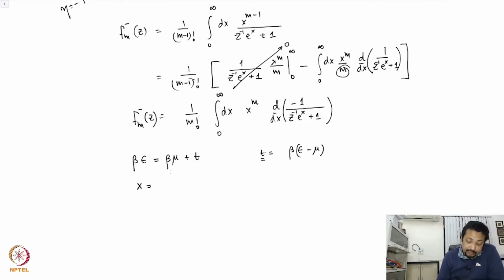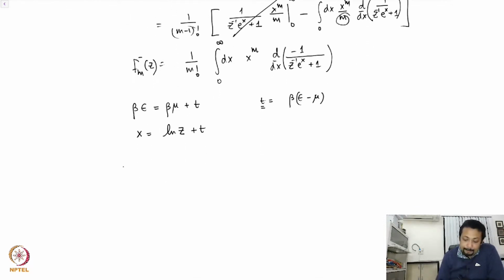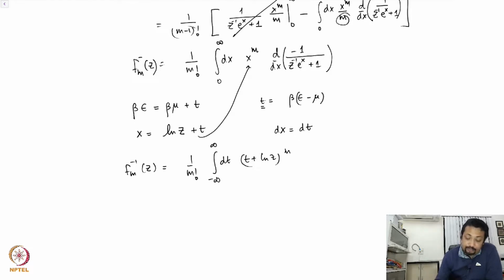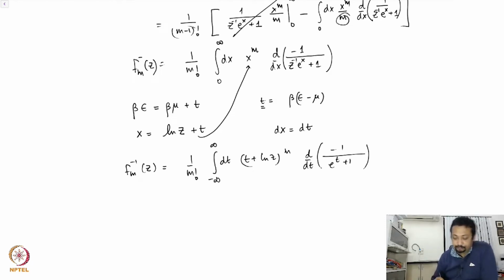So x is going to be ln z plus t, and dx is going to be dt, so that f m of z is going to be, this is the low temperature expansion we are looking at, very close to t equal to 0, integral minus infinity to plus infinity dt, t plus ln z raised to the power m, and then you have d dt of minus 1 over e to the power t plus 1, right?